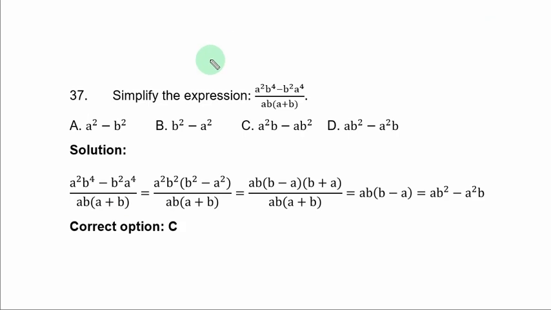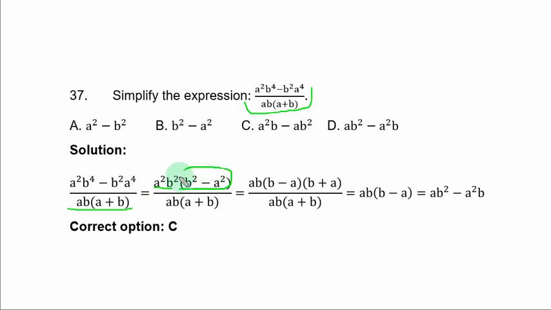Question 37. Simplify the expression a squared b to the power 4 minus b squared a to the power 4, over ab bracket open a plus b bracket close. So this is the expression. We just need to factorize the numerator. The common terms are a squared and b squared. If you factor out a squared b squared, in the bracket you have b squared minus a squared.